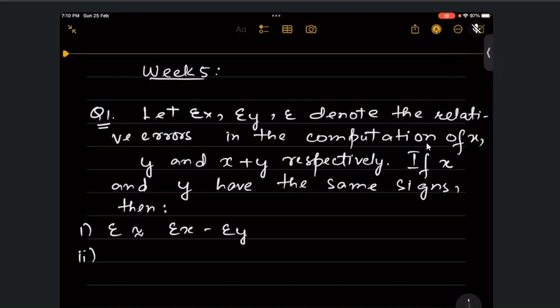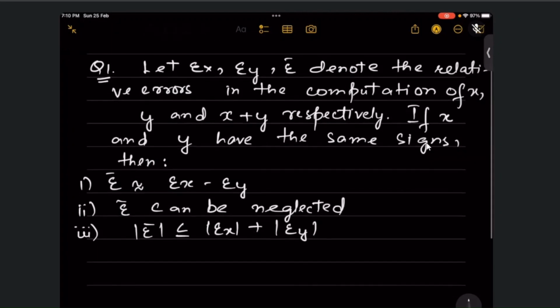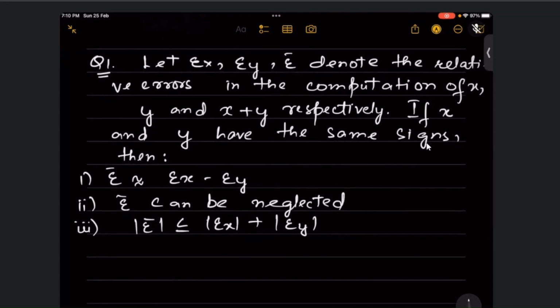Second is epsilon bar can be neglected. And the third option is epsilon is less than or equal to the summation of epsilon x plus epsilon y. Do you want to give it a try before we discuss it?